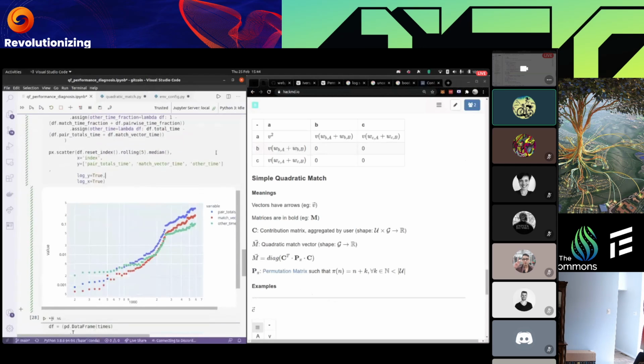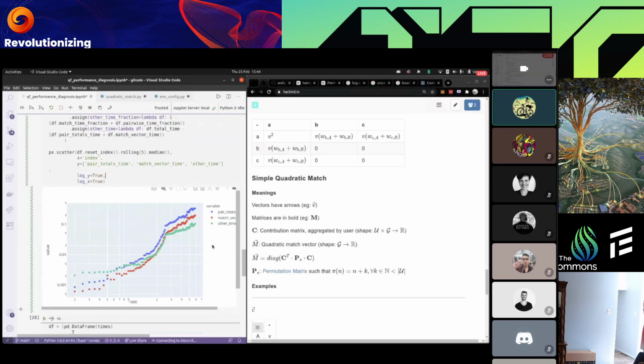But my guess is that we have a quadratic complexity here for the pair totals. The effect of dropping the complexity factor would be to essentially drop that slope here. So maybe instead of having that growth here, things would simply grow linearly.